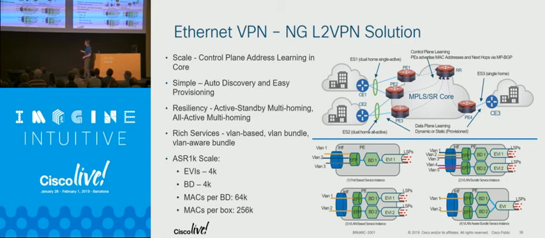The last use case is called the VLAN-aware bundle services. So you can have different VLANs mapped to their EFPs, mapped to bridge domains, but then you aggregate multiple bridge domains together into a single EVI. This is typically used by the service provider because they have a limited number of EVI instances they can provide, so they want to do aggregation for you, and basically one EVI per customer.